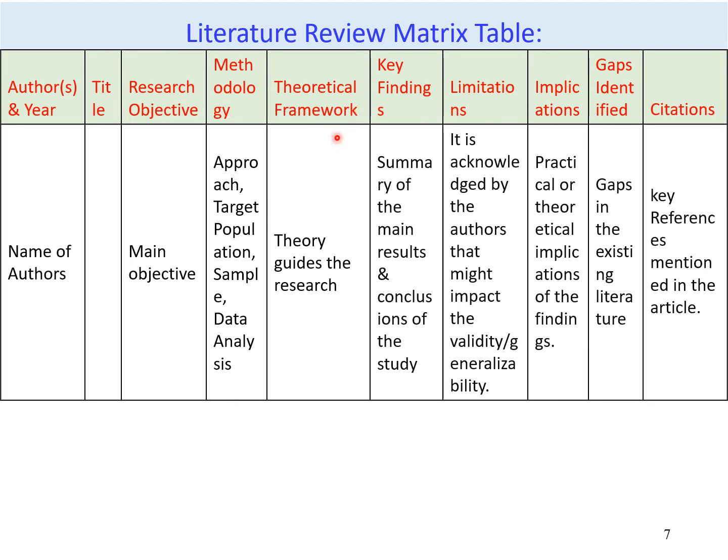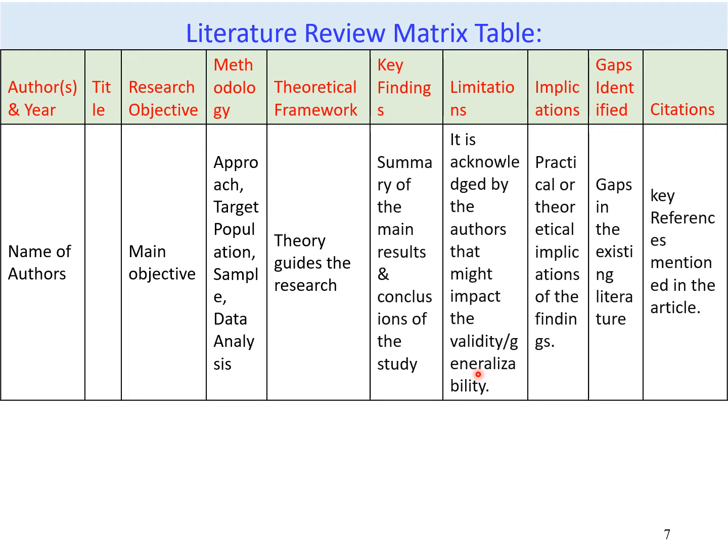The theoretical framework that is used to guide the research should be stated here, and the key findings, which means the summary of the main results and the conclusions of the study, should be written here. Under the limitations, limitations are those acknowledged by the authors that might impact the validity and the generalizability of the research.